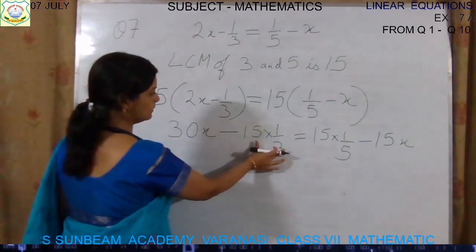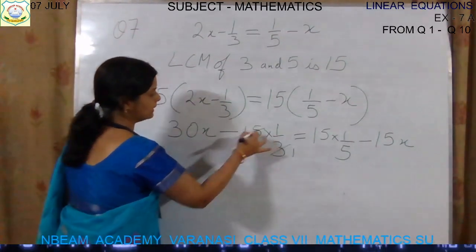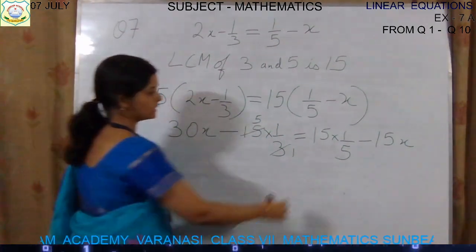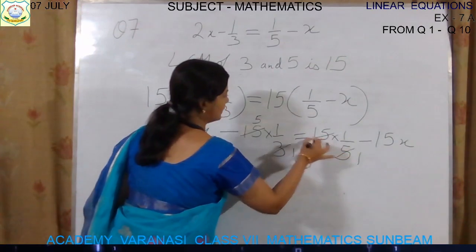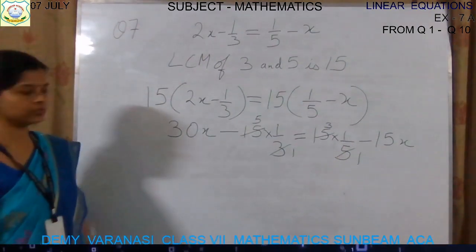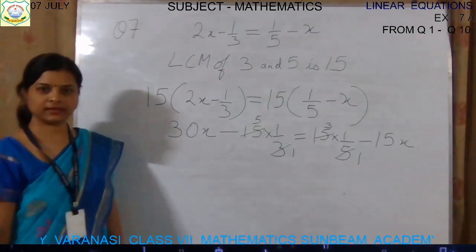Now can you see here? Simplify this: 3 ones are 3 and 3 fives are 15. And 5 ones are 5 and 5 threes are 15. It's also simplified. So you can see now there is no denominator. Clear?